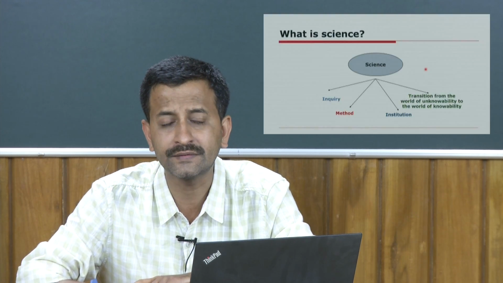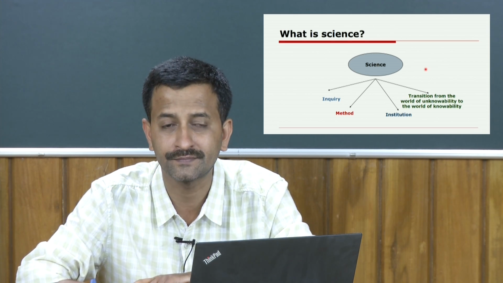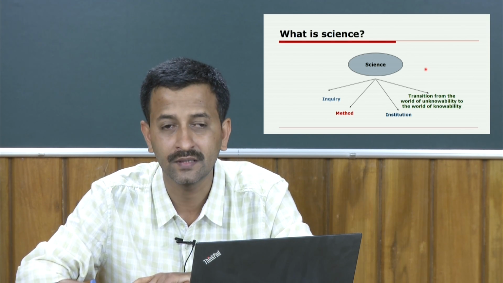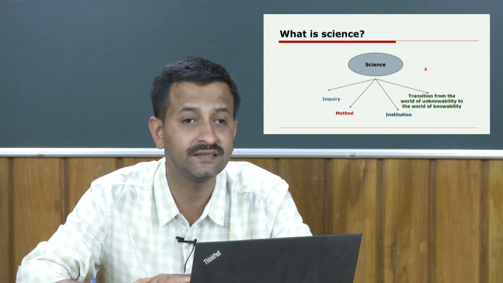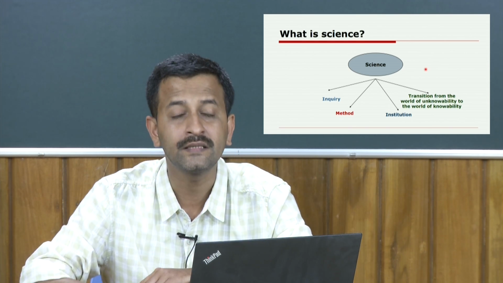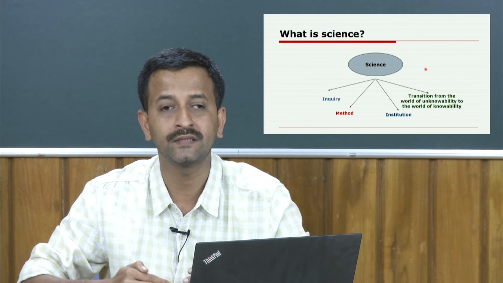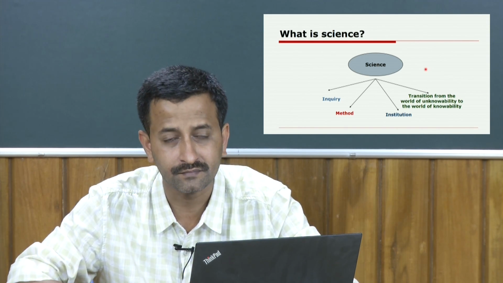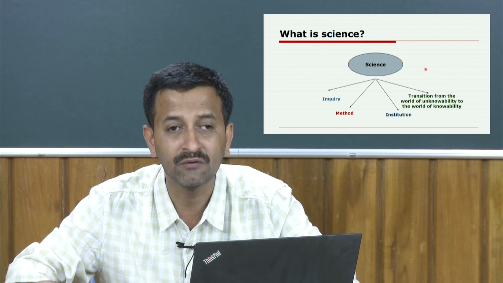The objective of, say, religion is also to arrive at the truth, but they are different. The objective does not make a distinction between science and religion, rather it is the method which distinguishes science from religion. Science does not make speculation the way religion does.